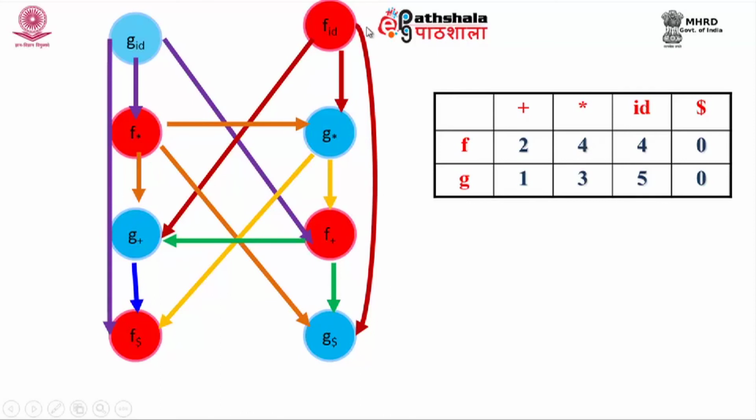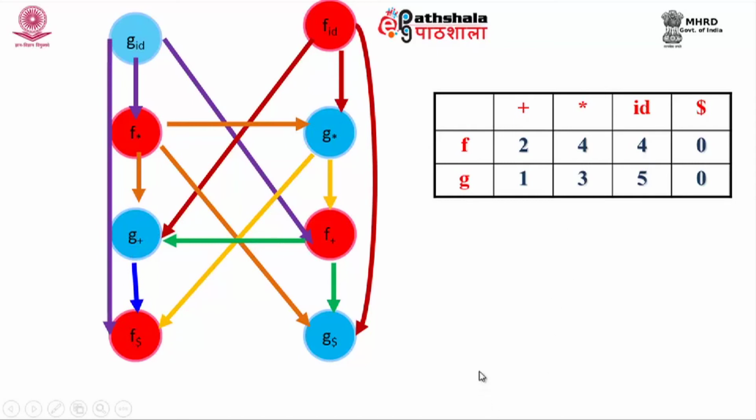If you consider F ID, there is only one path here which is of length 3, an alternate path of length 2, an alternate path of length 1. But if you combine F ID to G star to F plus to G plus and then to F dollar, that is going to be a path length of 4. Now this is stored and used as a reference later.